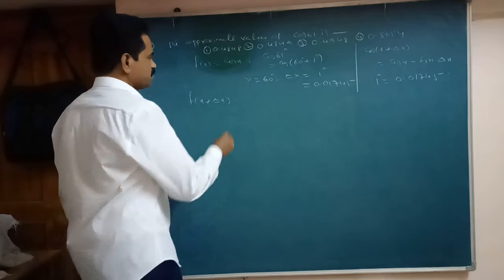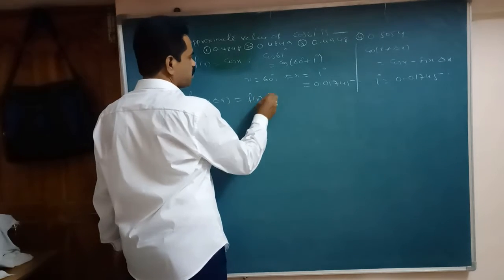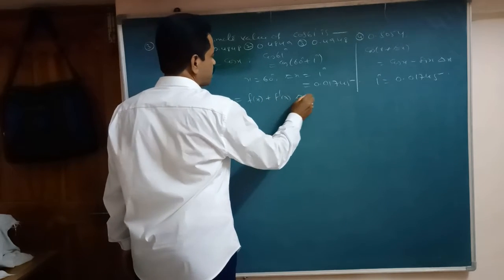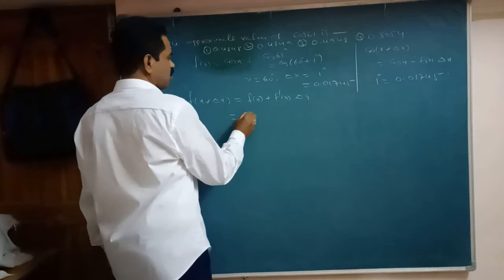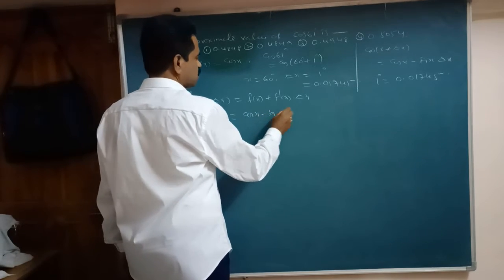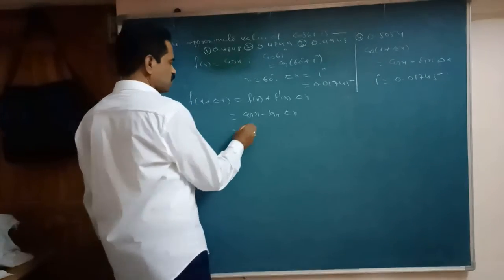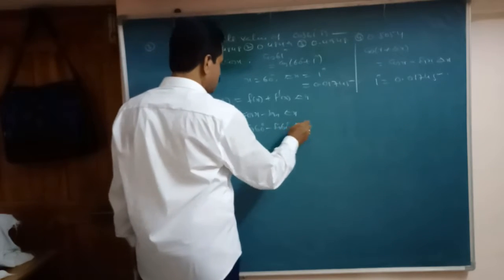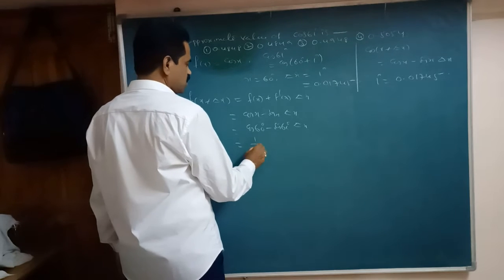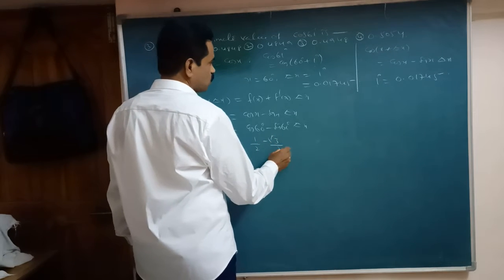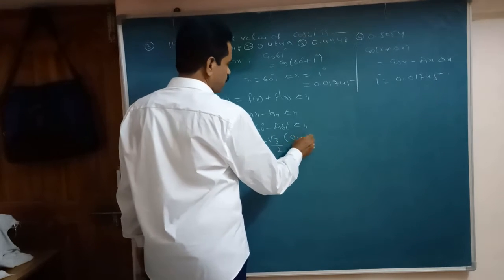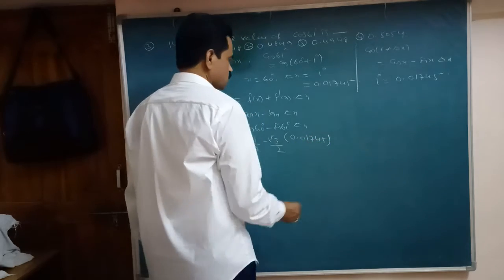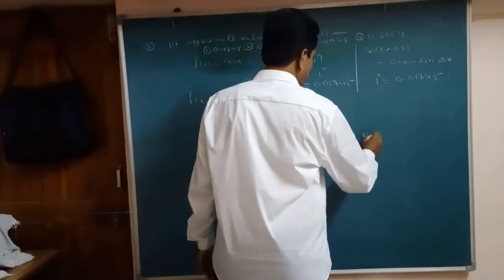Here f of x plus delta x equal to f of x plus f dash x into delta x. What is f of x here? Cos x. Cos's differentiation is minus sin x into delta x. Substitute x here: cos 60 degrees minus sin 60 degrees into delta x. Cos 60 is how much here? 1 by 2. Sin 60 is root 3 by 2. Delta x is 0.01745. So 1 by 2 means 0.5.